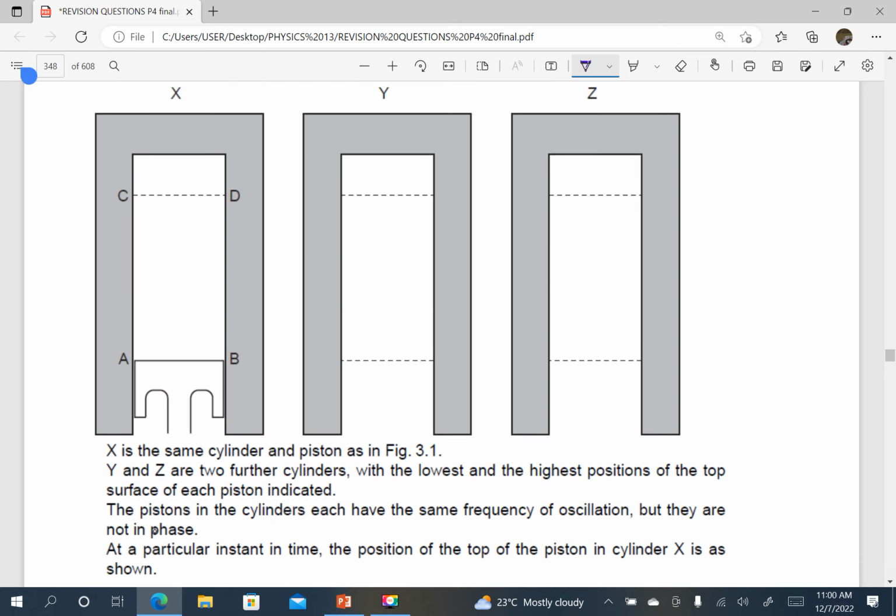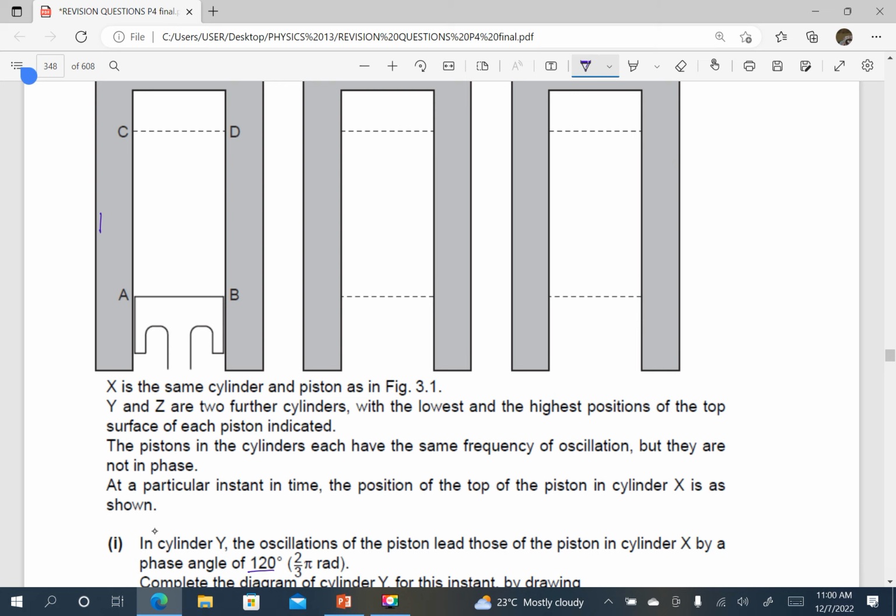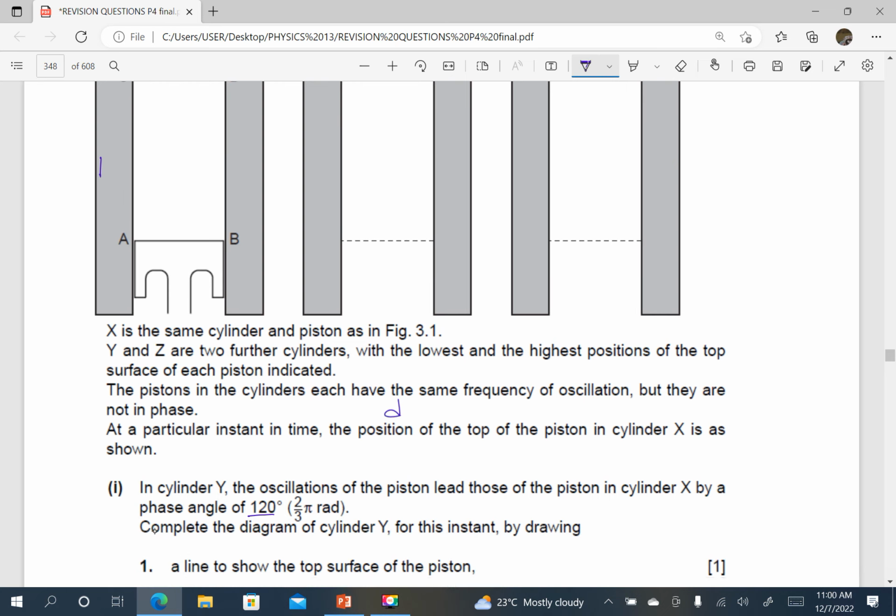Note that we saw that for cylinder X, the equation was d is equal to negative 4 cos of omega, which is 220 times t. That's what we had.